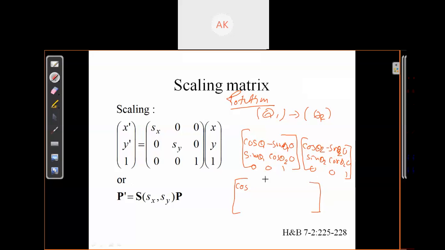You can just multiply these two matrices and you will get a single matrix, and using this single matrix you can rotate your object two times. So all these operations can be performed using a single matrix, meaning a sequence of transformations can be applied in a single step. Is it okay? If you have any doubt, you can ask.